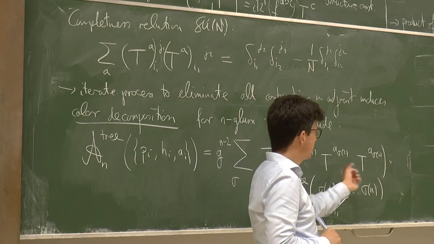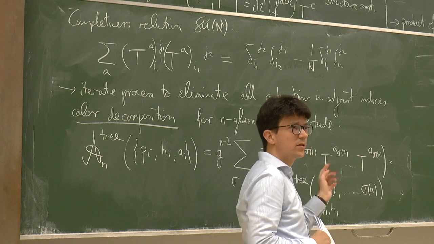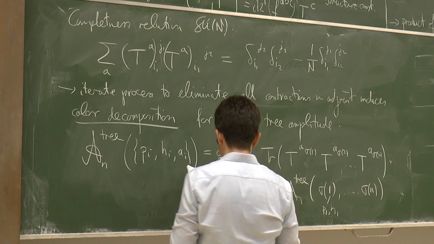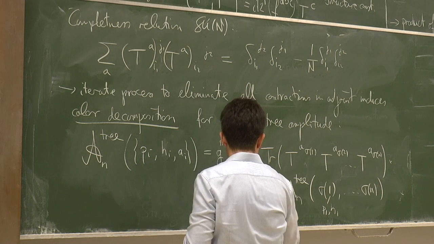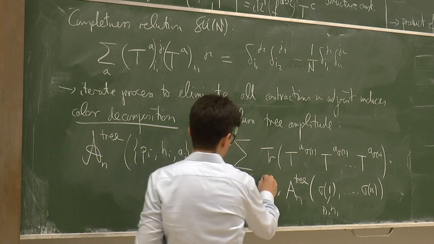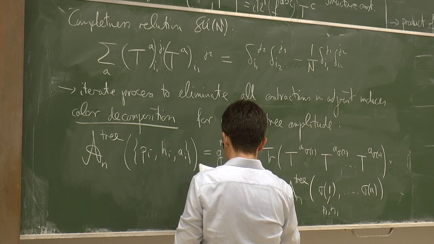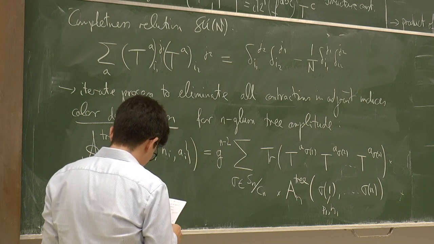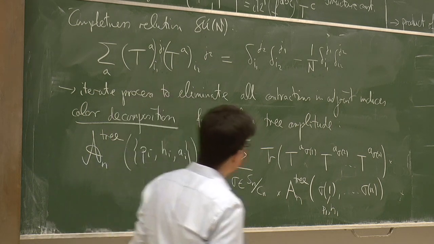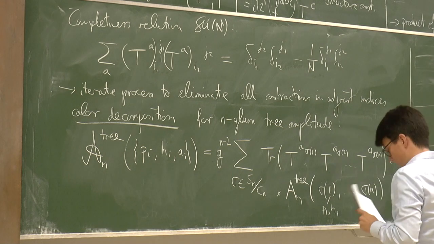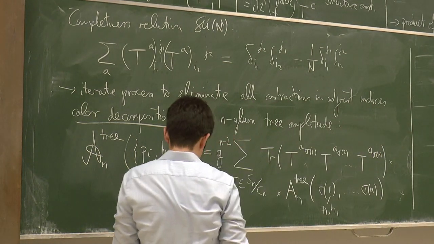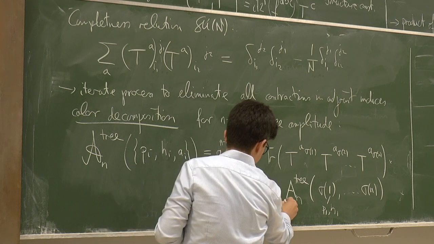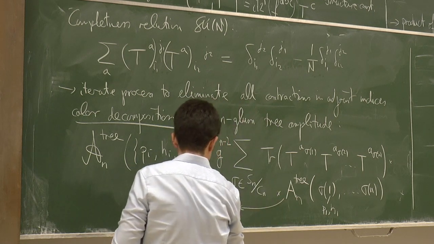But this trace here has some cyclic symmetry, so it makes sense to divide out that cyclic symmetry. And so these permutations that we need here are just all permutations of n particles, but modding out over cyclic permutations. So again, these then we'll call partial amplitudes.